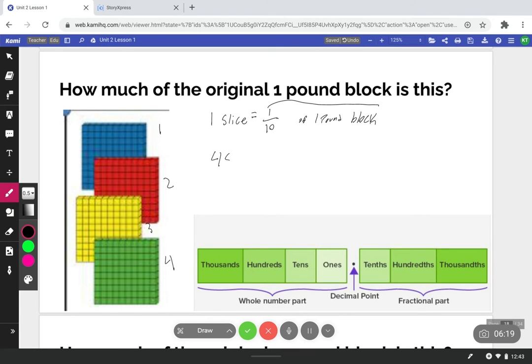I have 4 slices. So that is going to be 4 out of 10. I have 4 out of the 10 slices. So the decimal version of that would be 4/10.